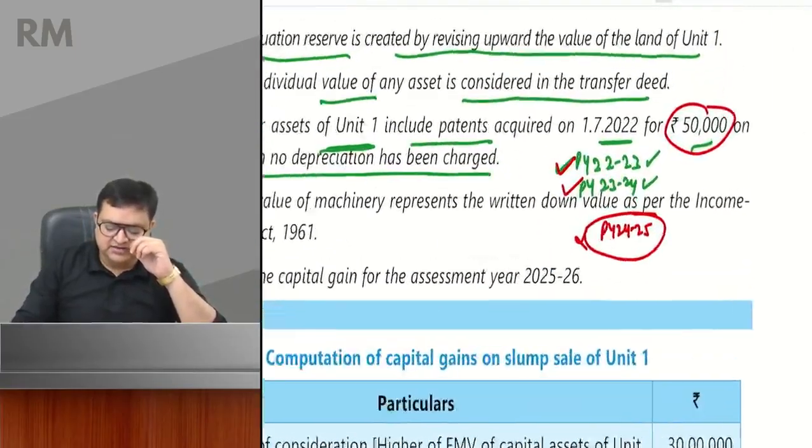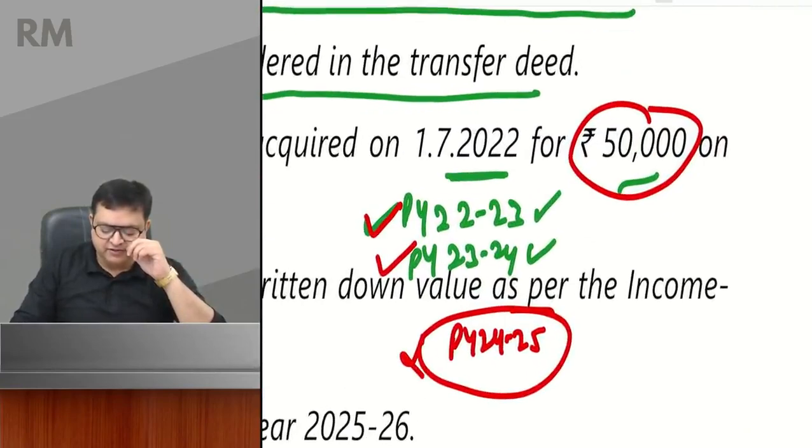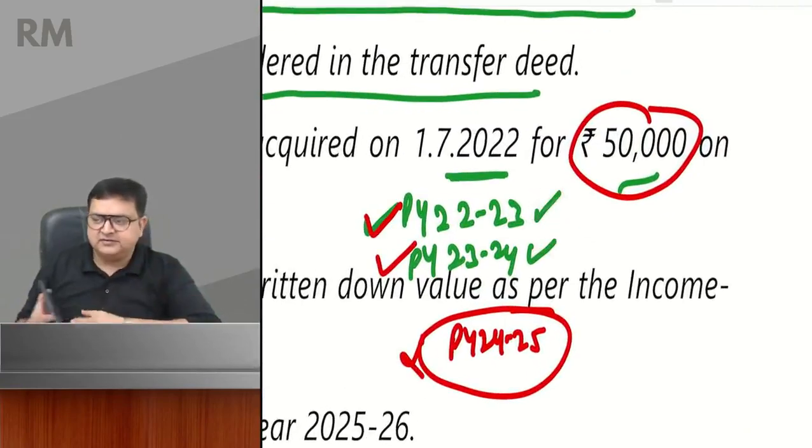He has never charged depreciation on patents. Patents were 50,000. Can you tell me the correct value of the patents? Just on your calculator, you can do it in just 10 seconds.